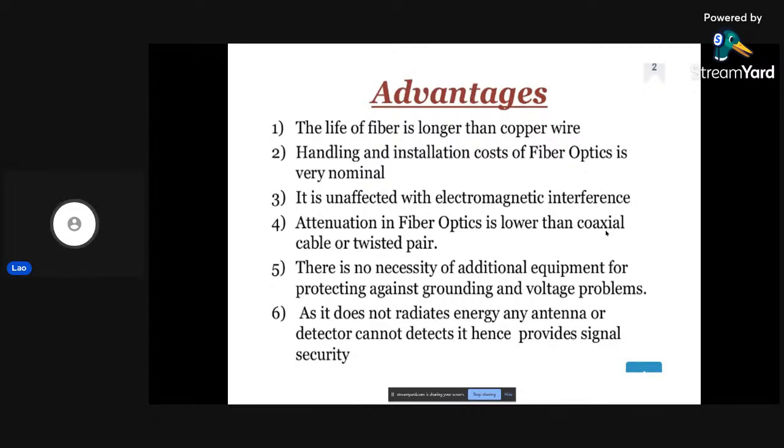So, di ba usually pagka mga wire is meron tayong mga negative and positive. So, possible talaga is because of the electricity, nagkakaroon tayo ng kuryente. While if you're going to use the fiber optics, so walang ganun nangyayari. So number six, this does not radiate energy and antenna or detector cannot detect, enhance provide signal security.